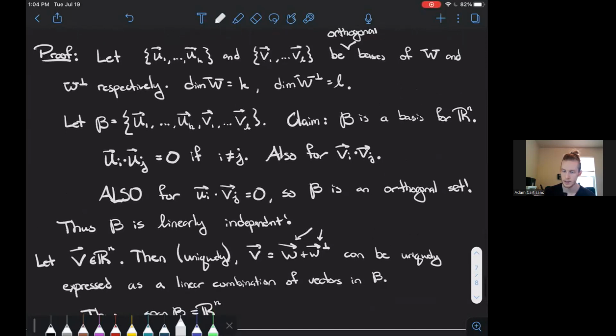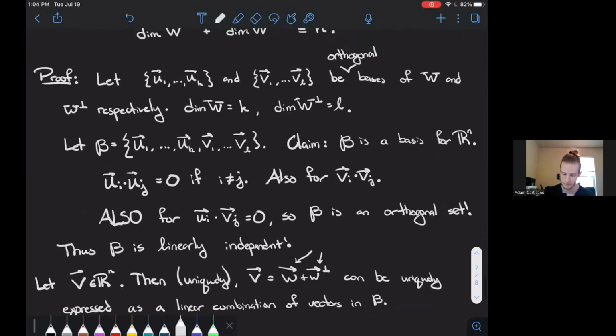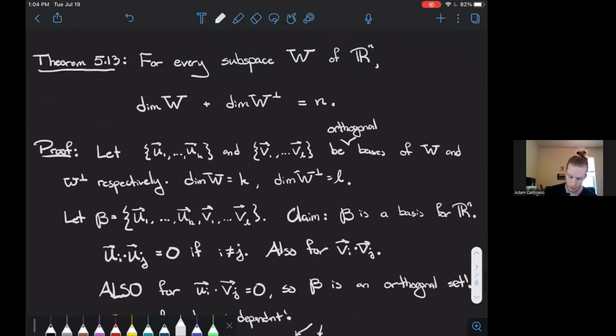Every basis for Rn has precisely n elements. The elements of B are just the union of the elements of the bases for W and W perp, which have no elements in common. So it's what we call the disjoint union of those two things.